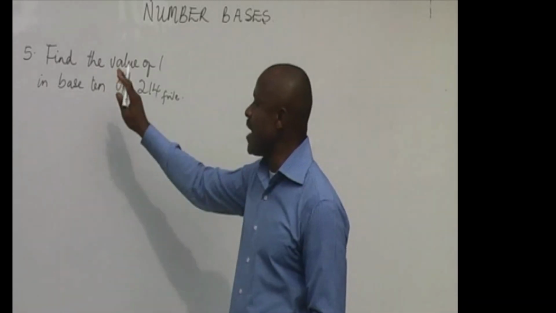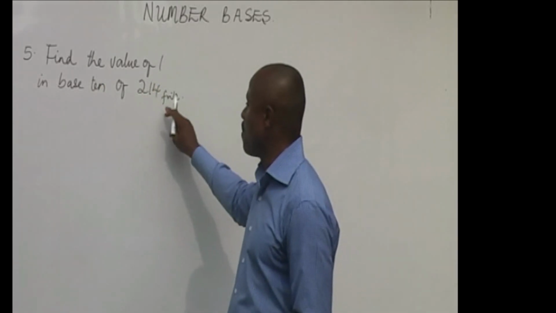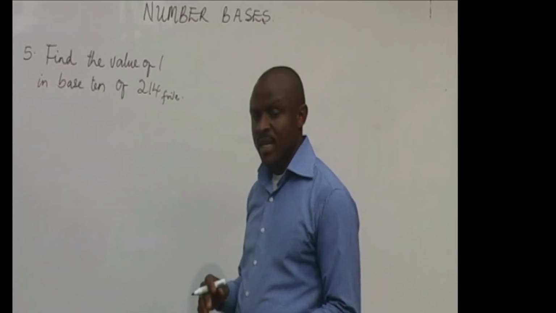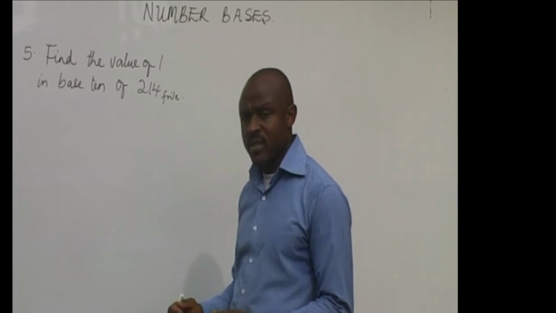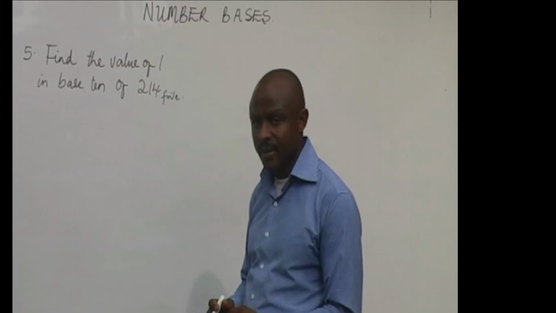So if you're asked to find the value of 1 in base 10 of 214 base 5, get into the process of expanding this as if you want to convert it to base 10.